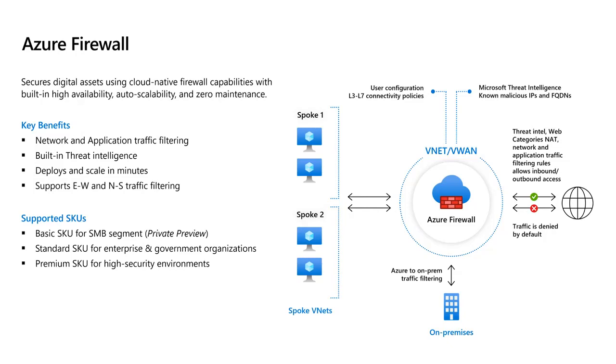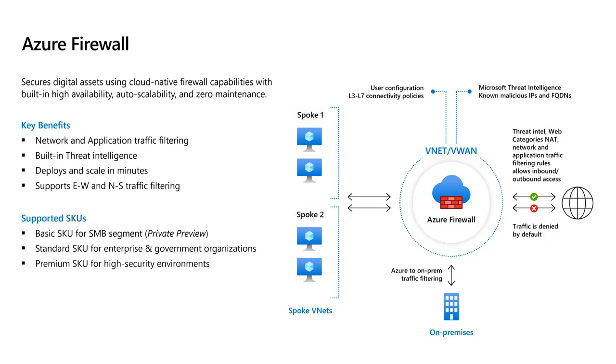And like I said before, it has built-in high availability and auto scalability features. So we don't have to think about the throughput and everything. It auto scales itself depending upon the processing of the traffic that it is doing. And then the last point there in the key benefits covers the fact that it will be able to enforce policy on east-west traffic as well as north-south traffic, like we just discussed.